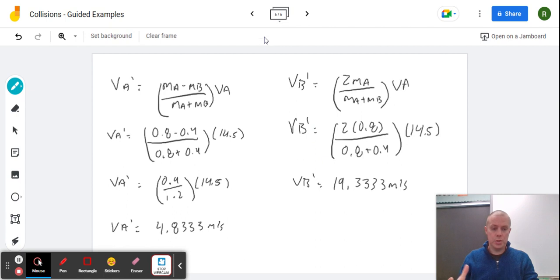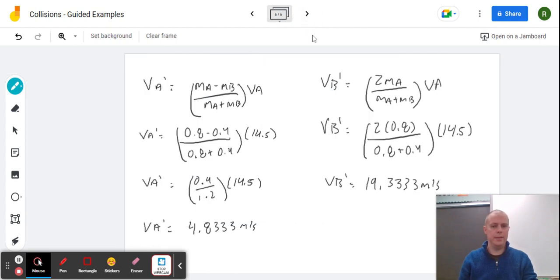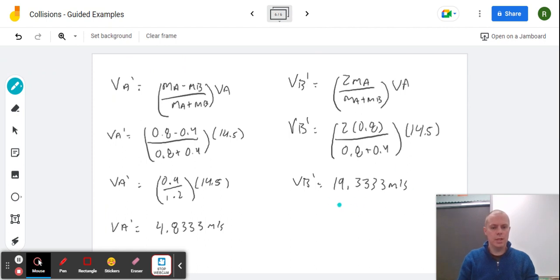But we're not done with the question yet. Because of this step where we made one of them 0 by adding 6.5, we need to undo that now at the end. So I'm going to take this and subtract 6.5 meters per second, and here I'm going to subtract 6.5 meters per second.